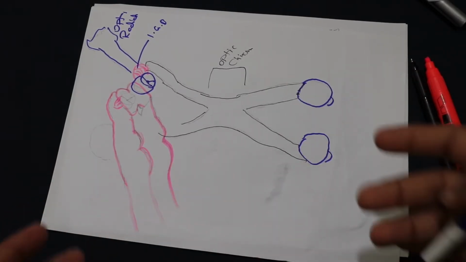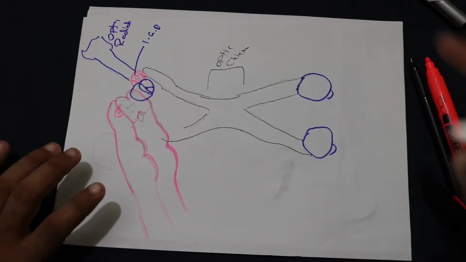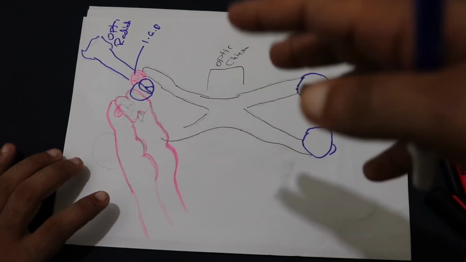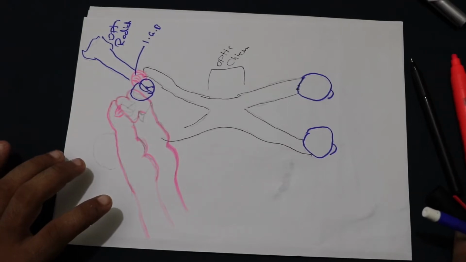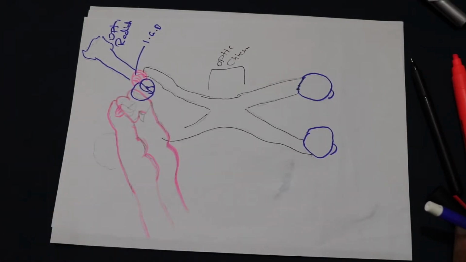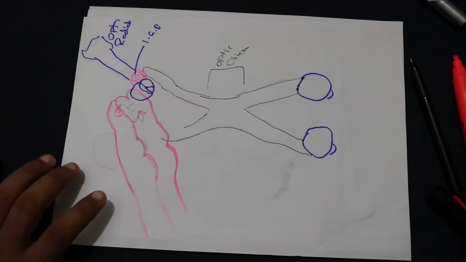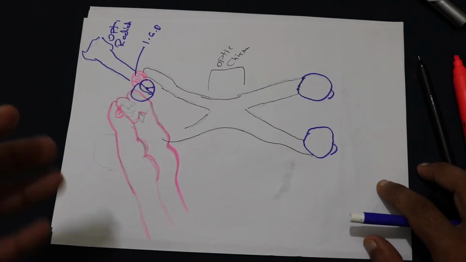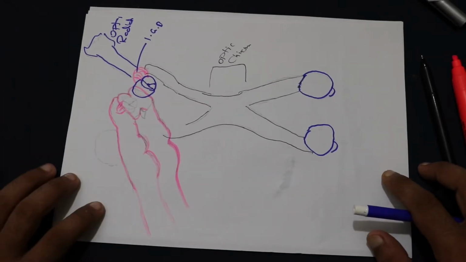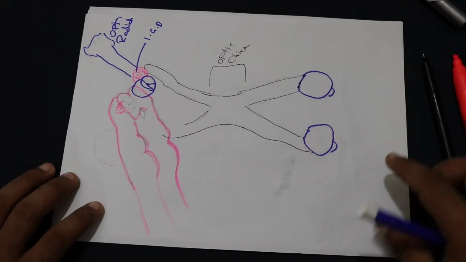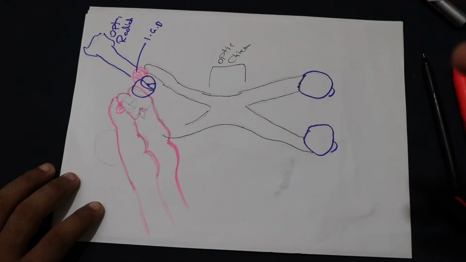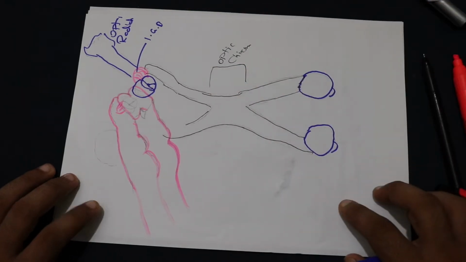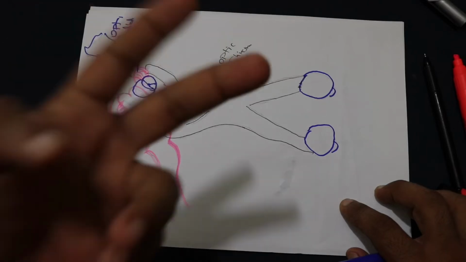There are a few reasons I'll be explaining in just a bit, but you have to remember, if the teacher asks you what is the optic nerve, is it a true peripheral nerve, you'll say it's not a true peripheral nerve, because embryologically the optic nerve is an elongation of your diencephalon. And if somebody asks you why the optic nerve is not a true peripheral nerve, you will say there are two main reasons.